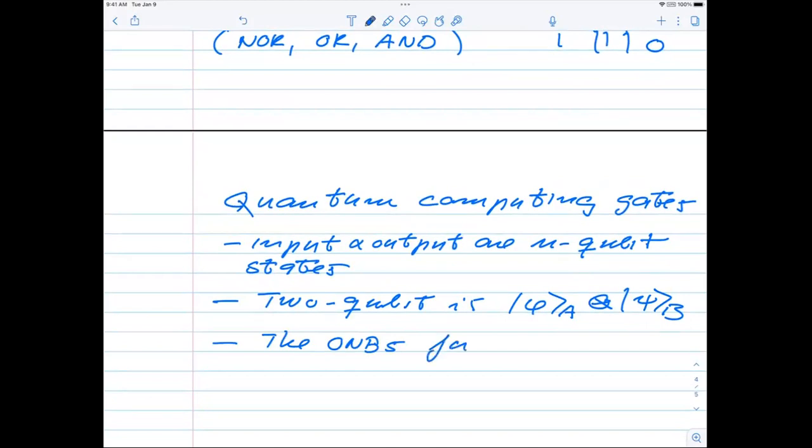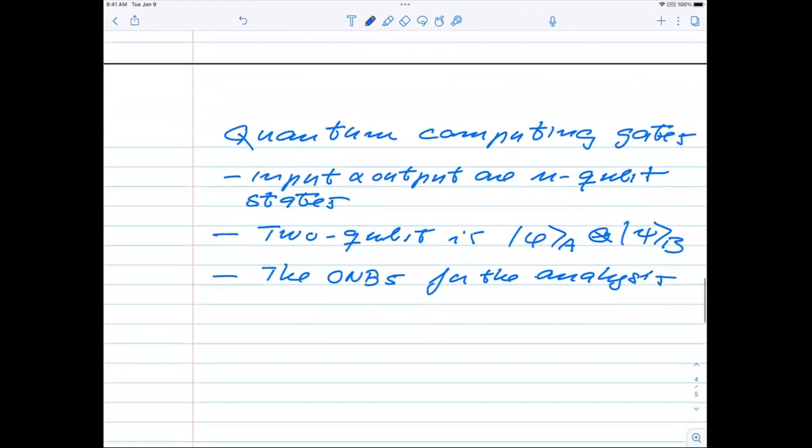For the 1 qubit gates, we are going to use the states 0 and 1. And they are defined in a specific 2 qubit Hilbert space. Then we have the 1 qubit space, which has 2 states.